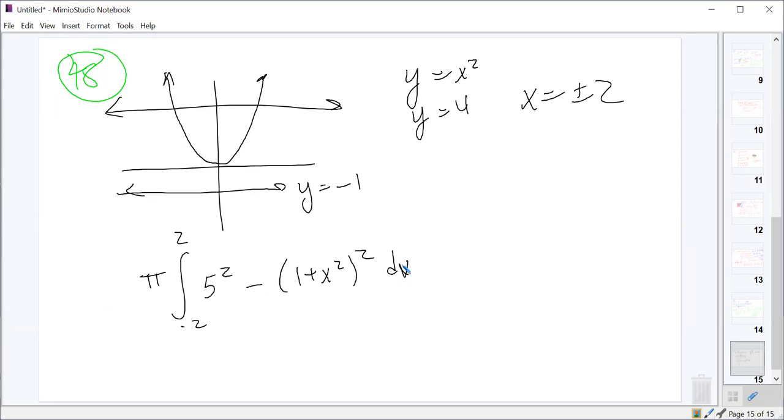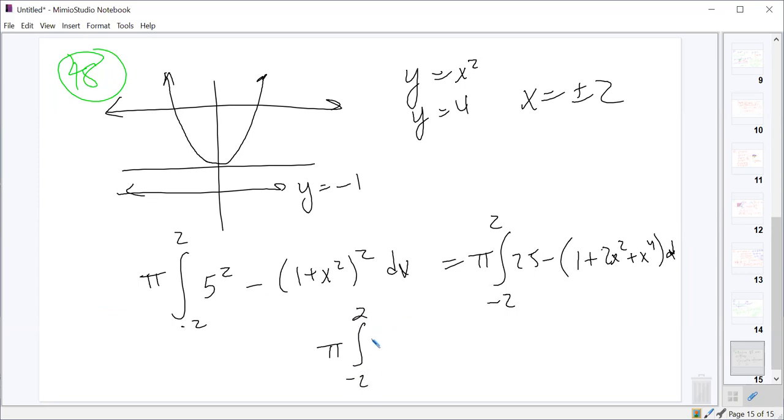So perfect. Whatever this comes out to be, pi times the integral from -2 to 2 of, let's see, 25 minus 1 plus 2x squared plus x to the 4th. So pi, -2 to 2, 24 plus 2x squared plus x to the 4th.